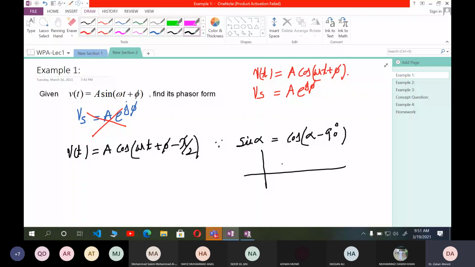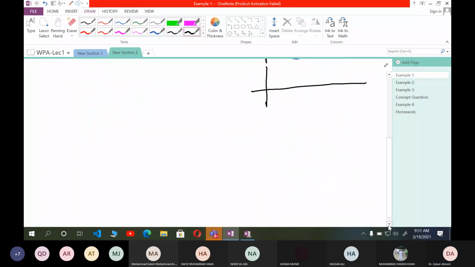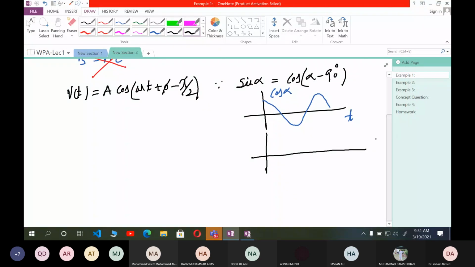Let's say we have a cosine graph, this is my cosine alpha as a function of time. Now, what will be the graph of cosine alpha minus pi by 2?